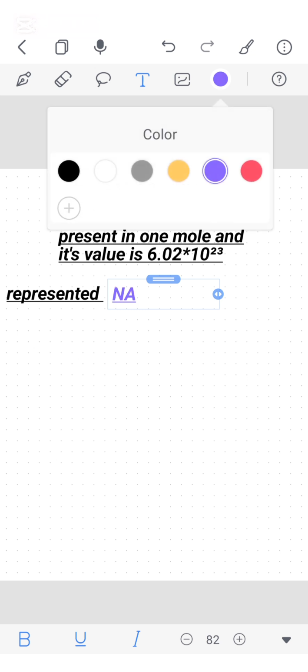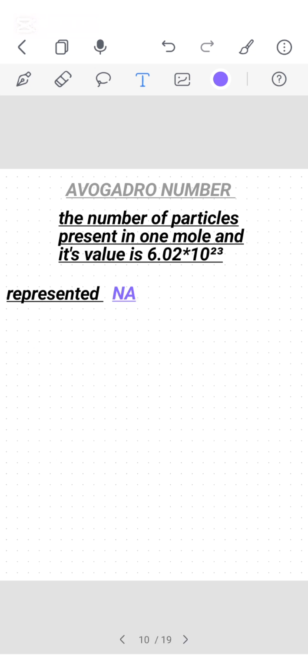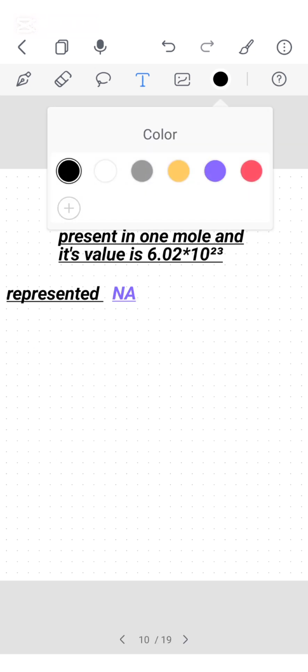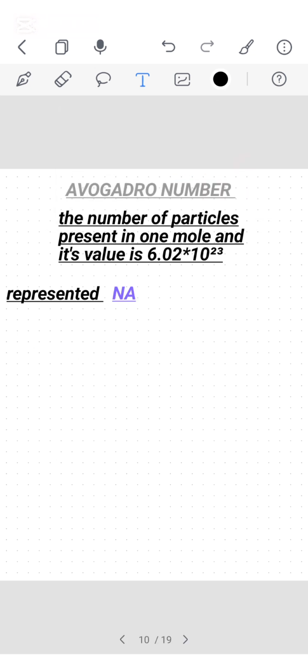I should change the color so that it is much clearer. And again, its value is 6.02 multiplied by 10 to the power 23. Here it is written.